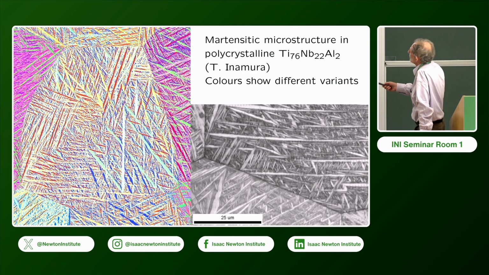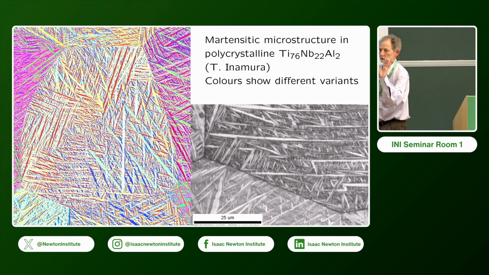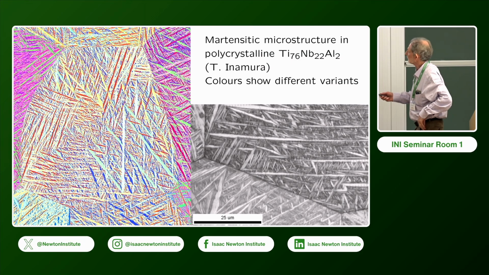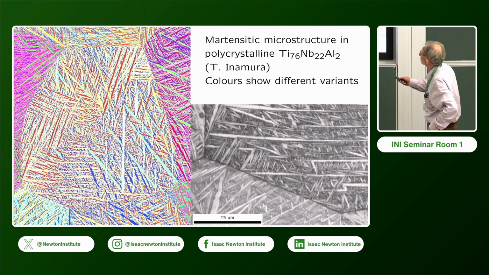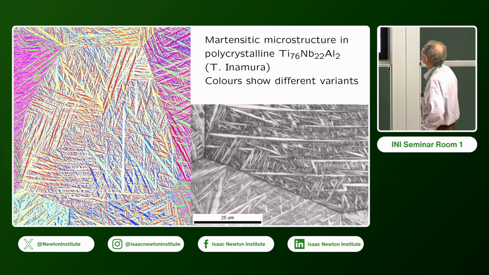So what is this amazing experiment of Inamura? This is a polycrystal. Here is one grain of the polycrystal. At a high temperature, the crystal axes of the material were the same in this particular grain. And then in nearby grains, there were different orientations.